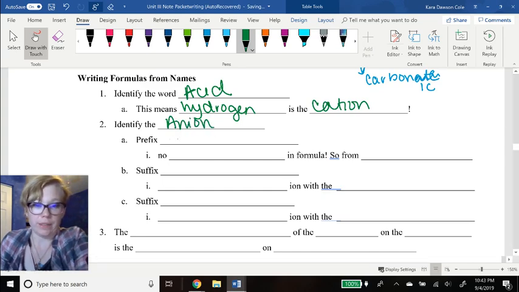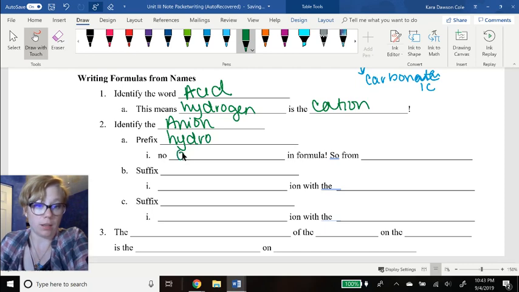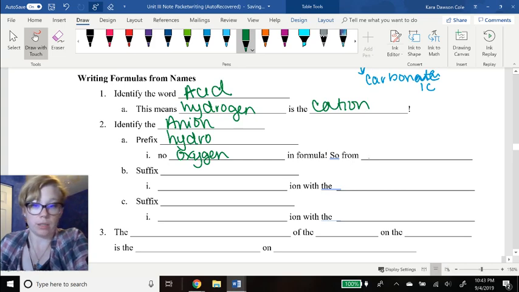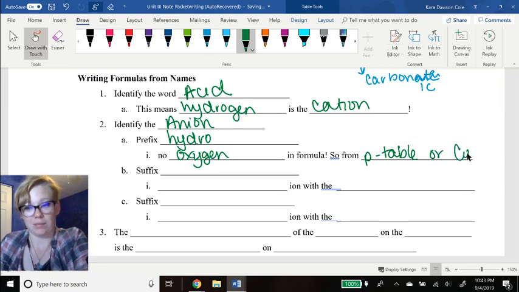Again, if I've got the hydro prefix, I have no oxygen in the formula. So the anion is from the periodic table, or it's cyanide, which is CN minus.